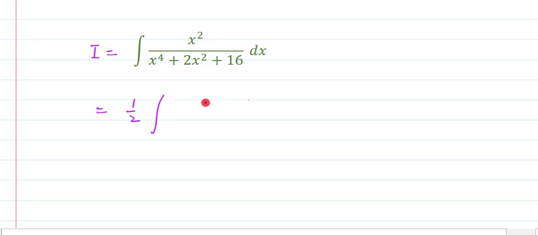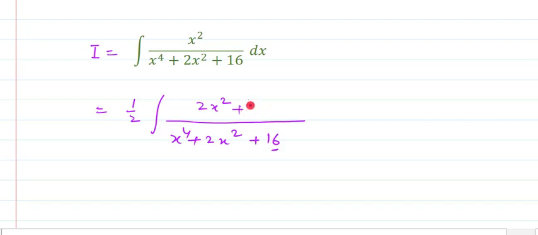So 1 upon 2 into 2x square upon x power 4 plus 2x square plus 16. Now as we are having 16 over here, we need to take the root of it in the numerator to add and subtract. So let us add 4 and subtract 4, dx it is.